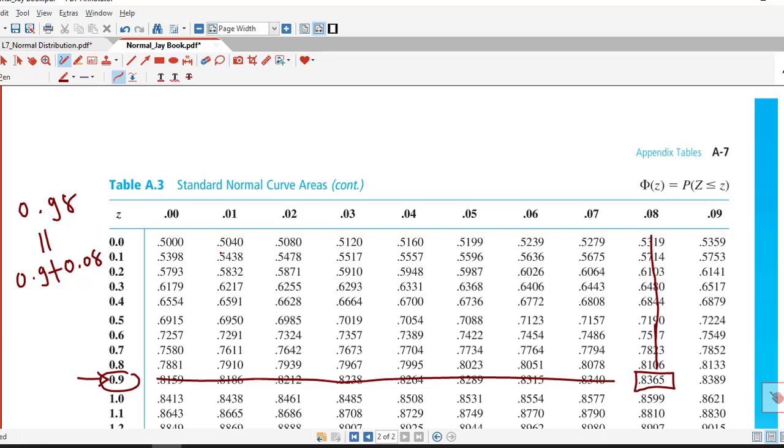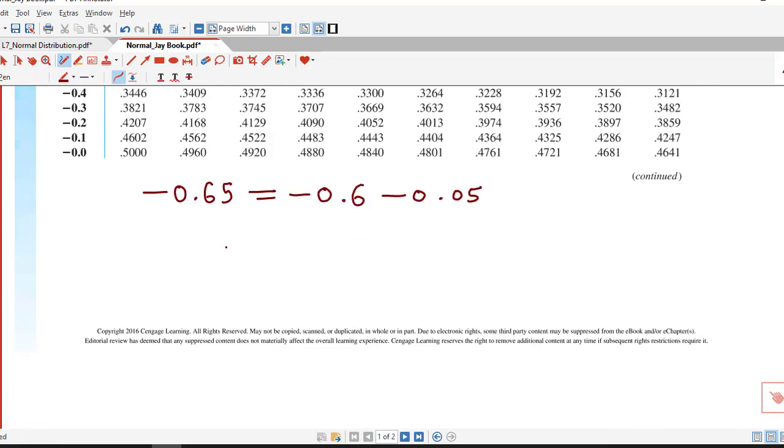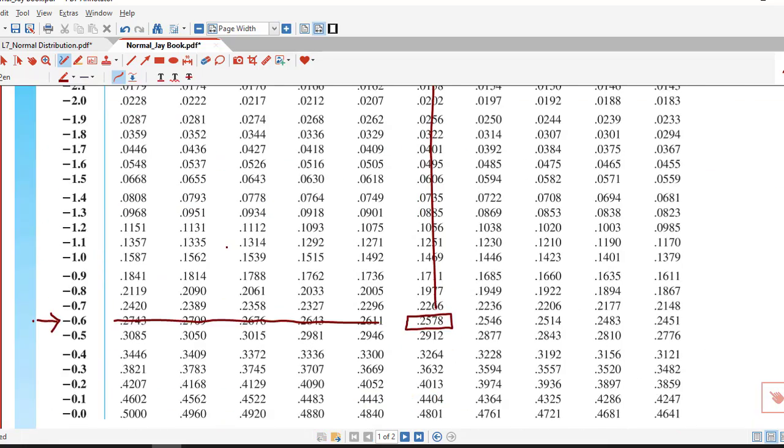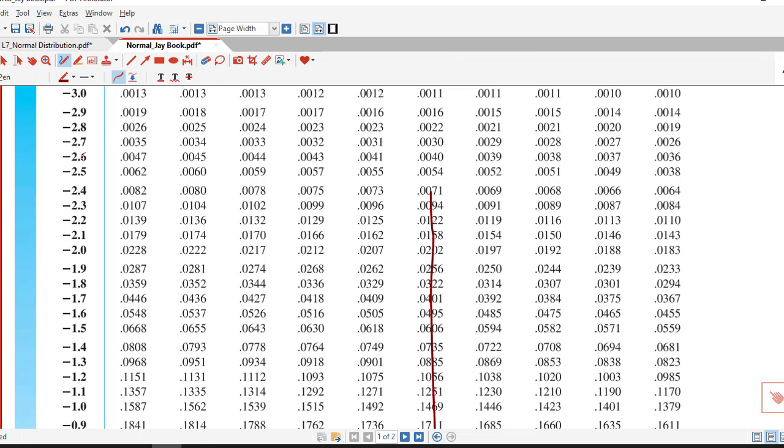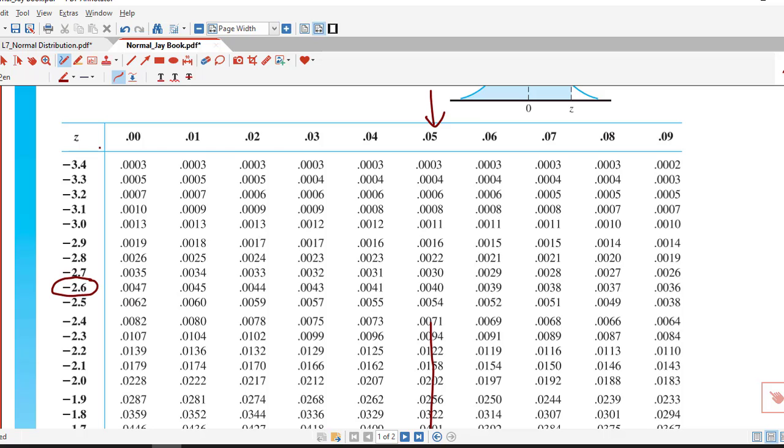So we have to concentrate on minus 2.61. Minus 2.6 is here, and we have to go up to 1. So minus 2.6 and 0.01. So it is 0.005.